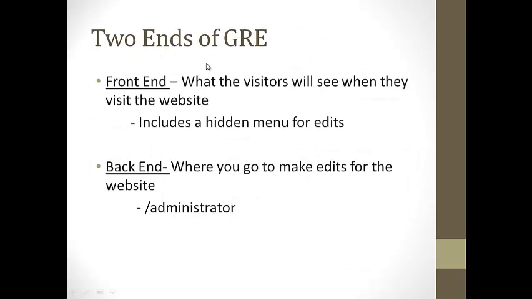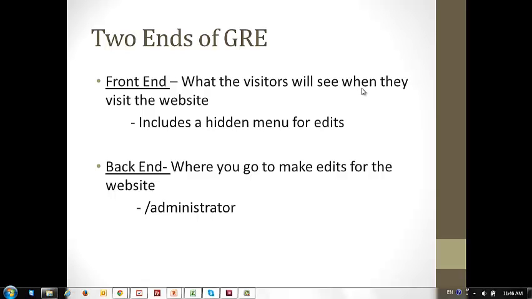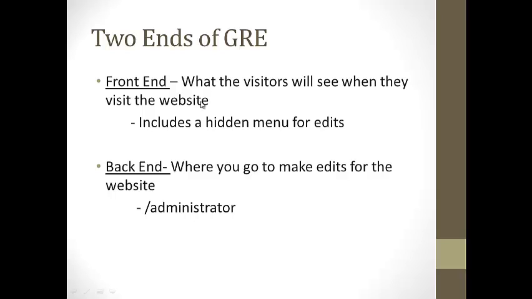There's two ends of the GRE development page. It's important that you remember it's the development page. There's a front end, which is what the visitors will be seeing when they visit the website. This helps us get an idea of what they're going to be seeing once we make our edits and changes to certain web pages.